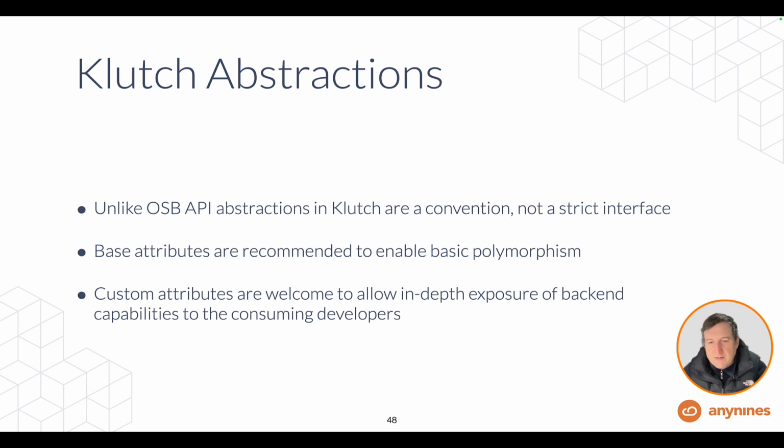And hiding everything in a flat list of key value pairs, as with custom parameters, is not the way to go either. So we strive for having a set of base attributes that should be supported by all the, let's say, implementations of Postgres, but also to enable a basic polymorphism where you can introduce your own attributes in your subclasses of the overall interface.